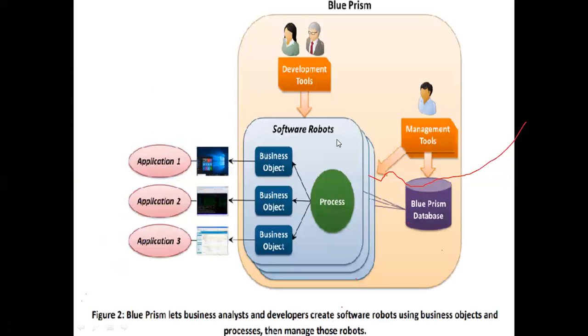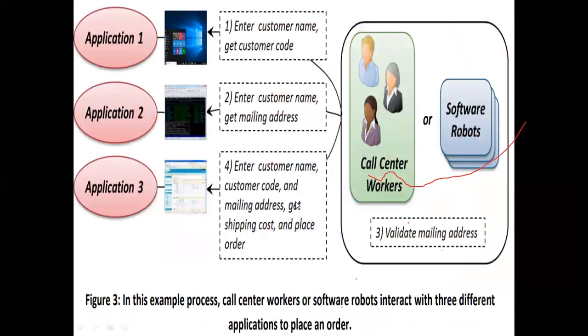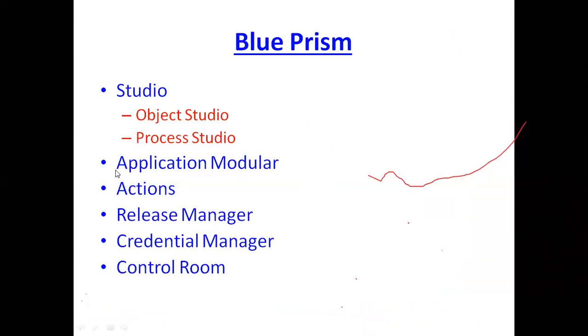Just now we discussed, right? Here is a process, and in a process you will see business objects. One business object is nothing but one group of actions that you are going to perform. And then application modeller, actions, release manager, credential manager, control room. So all this we will see in Blue Prism.